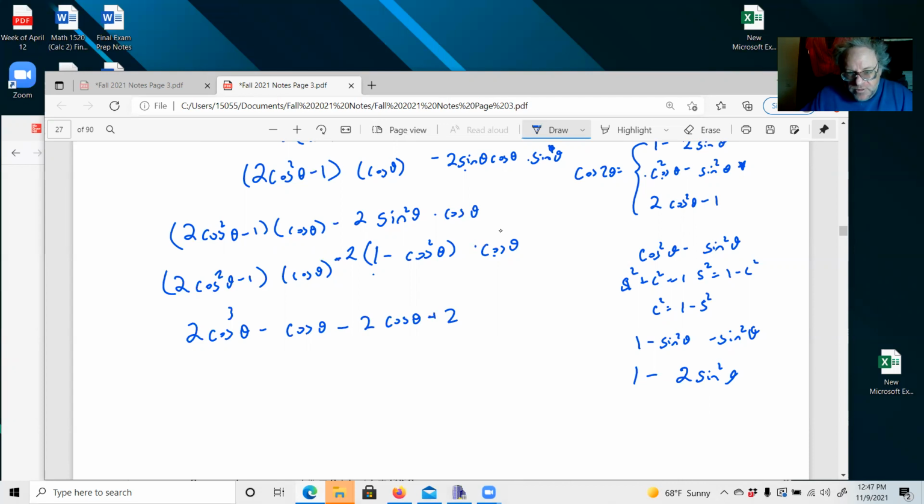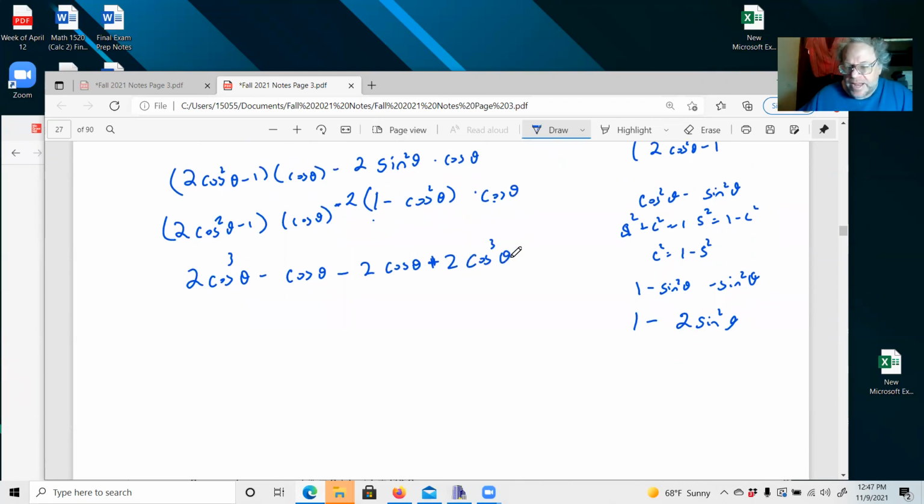Minus times a minus is a plus. 2 cosine cubed theta. Okay, and now we're just going to go ahead and say, well, 2 and 2 makes 4 cosine cubed theta, minus 1 minus 2 is minus 3 cosine theta, and that is equal to our cosine of 3 theta, which is what we wanted to prove.